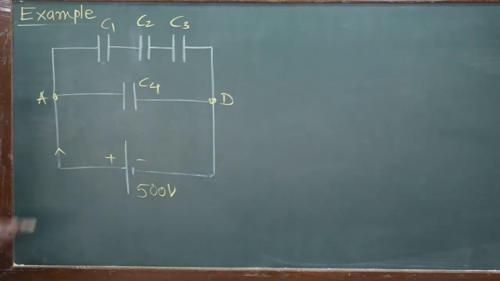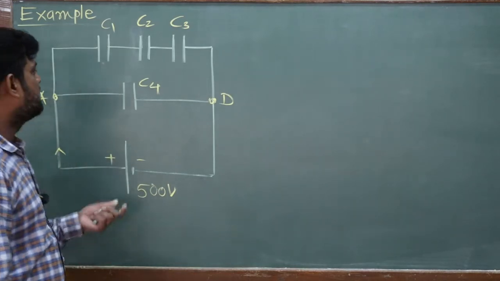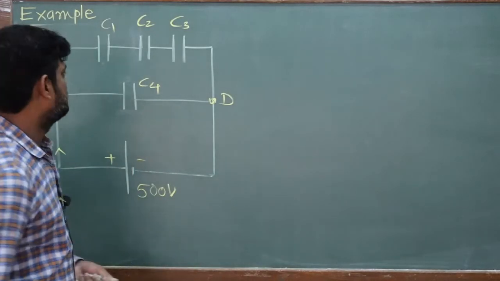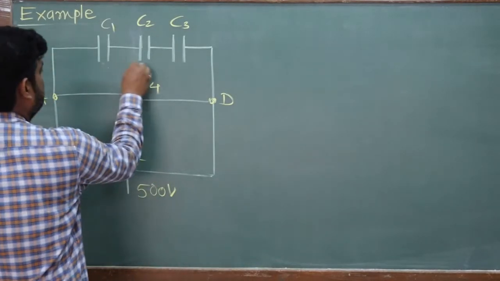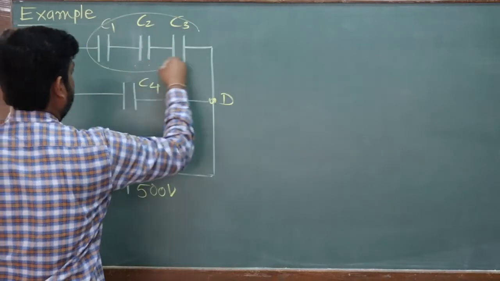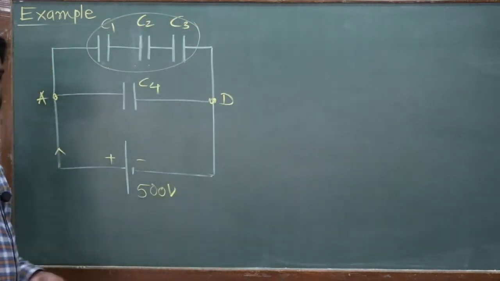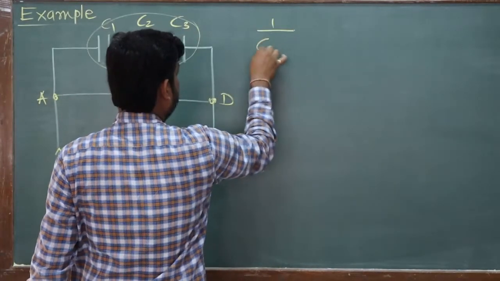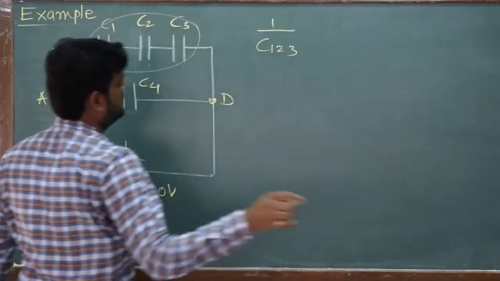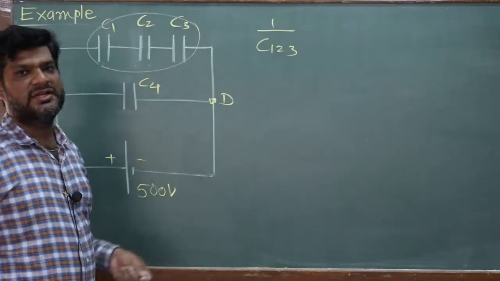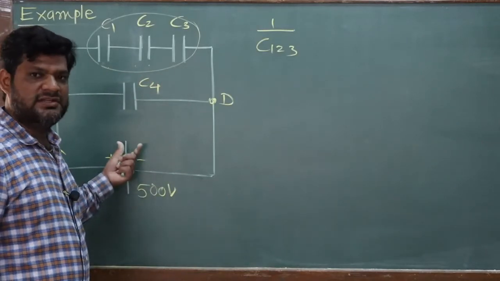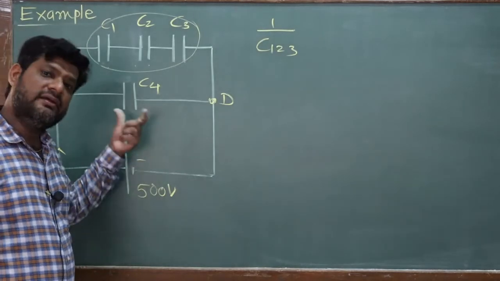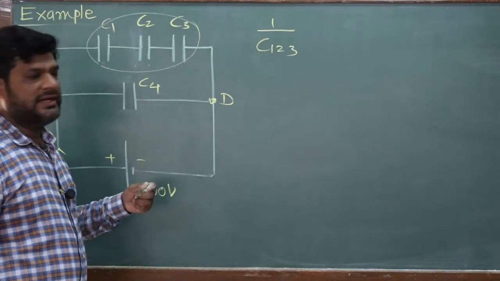First the question, find out the equivalent capacitance of these 4 capacitors. Students, as we know that these 3 capacitors are connected in series. So we will write 1 by C123, equivalent capacitance of these 3 capacitors. The diagram is different. In the question I have drawn already simplified diagram, right?